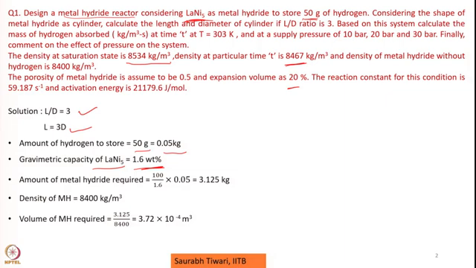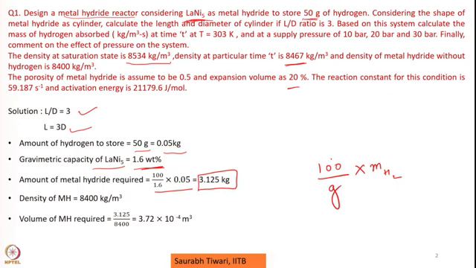The amount of metal hydride is calculated by the formula given in the last lecture, which is 100 upon the gravimetric capacity G, into the mass of hydrogen to be stored, which gives us the amount of metal hydride required.